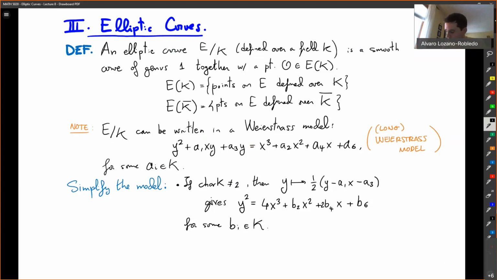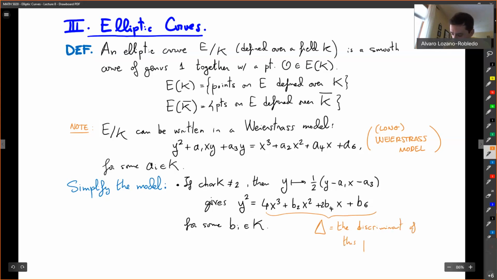We are going to give a name: delta is going to be the discriminant of this polynomial. The discriminant is a product of differences of roots, so it is 0 only if there is a repeated root, and that's going to tell us something about when this equation is smooth or not smooth.